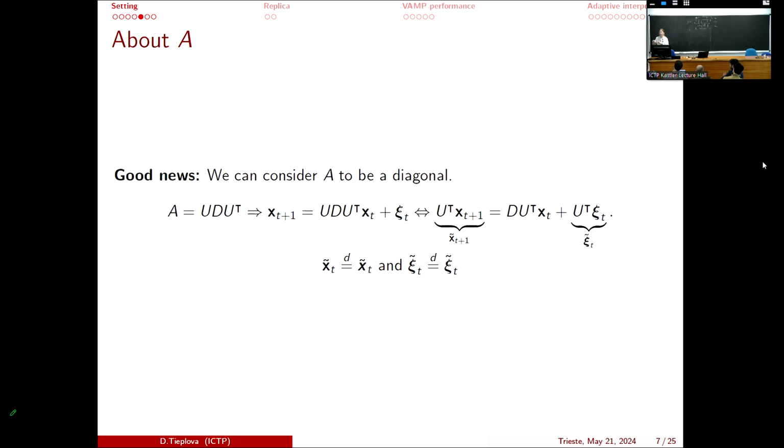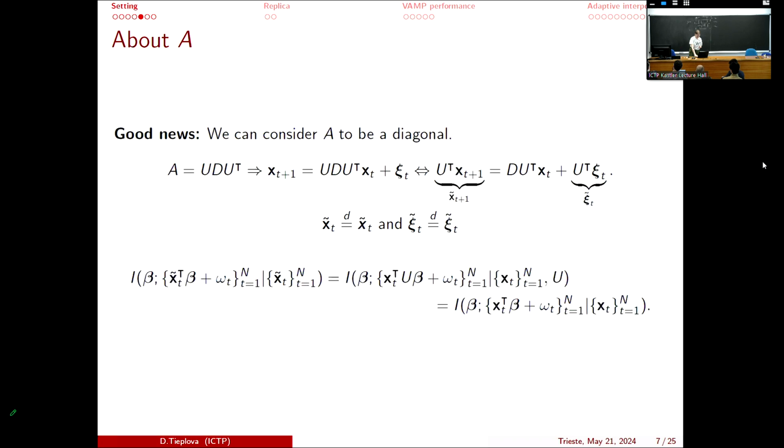So it introduces a new time series. The main point is that since x is Gaussian and psi is Gaussian, if we multiply by some orthogonal matrices, the distribution will not change. So the distribution of x and x tilde, and psi and psi tilde, is exactly the same.